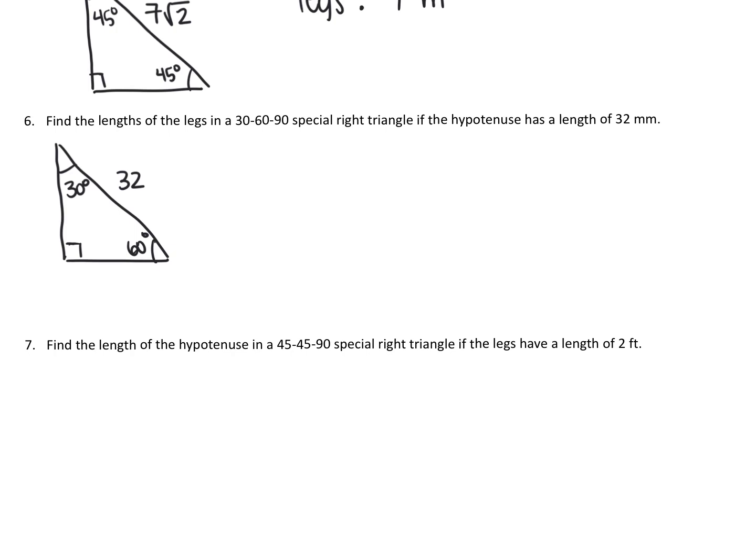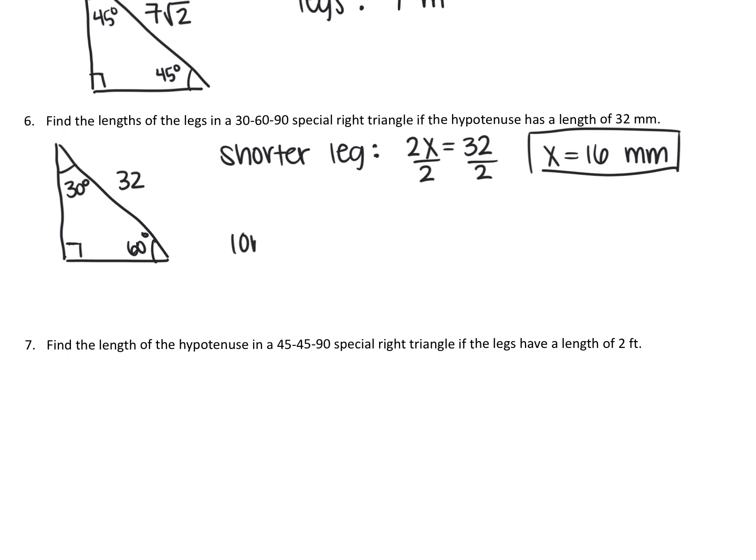So no matter which side you're given in a 30, 60, 90 special right triangle, whether it's the longer leg or the hypotenuse, you want to solve for the shorter leg first. So in order to solve for the shorter leg, we know that the hypotenuse is 2 times the shorter leg. That's how we get the hypotenuse. So we know 2x has to equal 32. So then we'll divide by 2. And we get that the shorter leg is 16 millimeters.